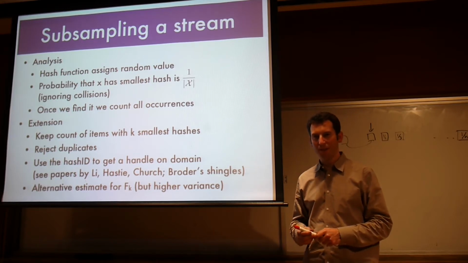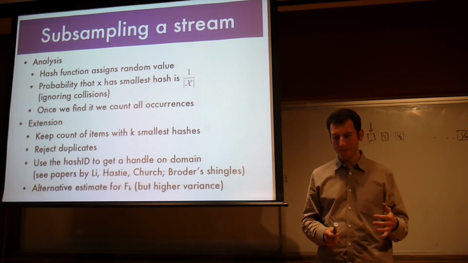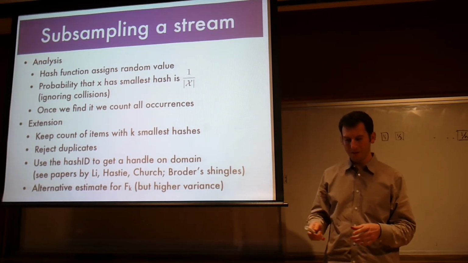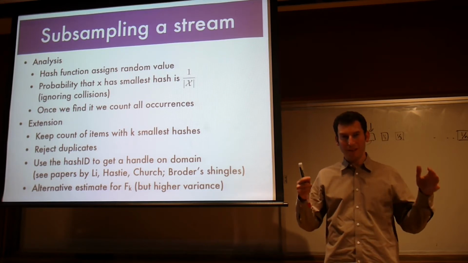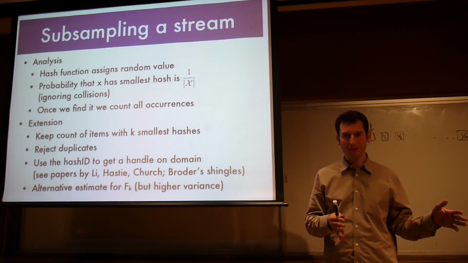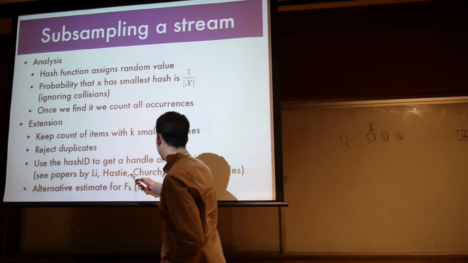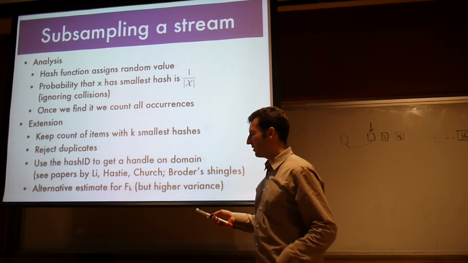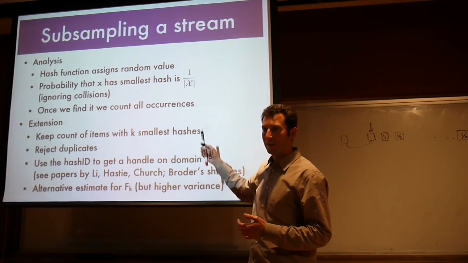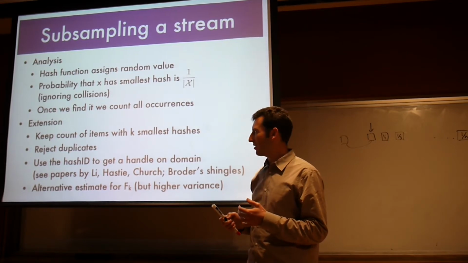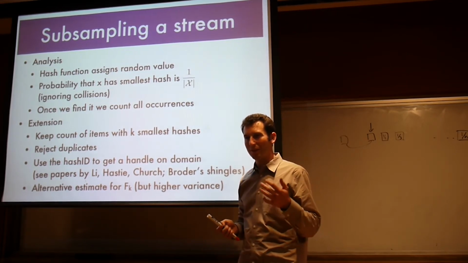If you then say, well, actually I don't only care about the identities and the counts associated with the smallest items, but I care about what the actual hash value was, then I can do something even better. This is an algorithm by Li, Hastie, and Church. Essentially, if I perform this hash and I end up with a very small number for my hash function, then it means I must have seen a lot of symbols.